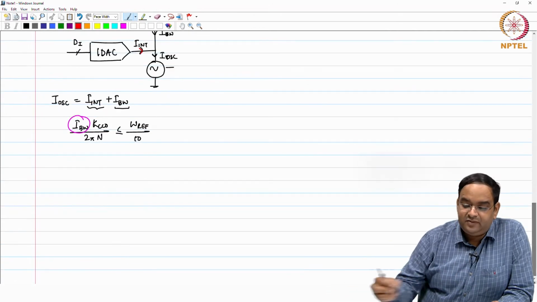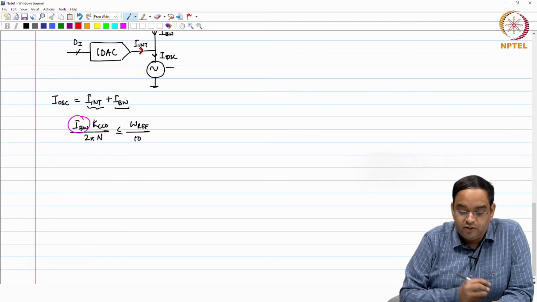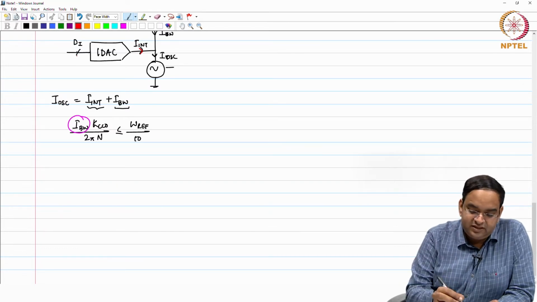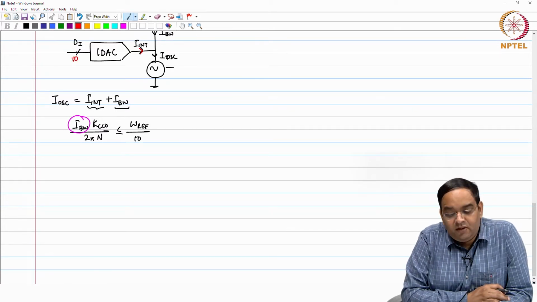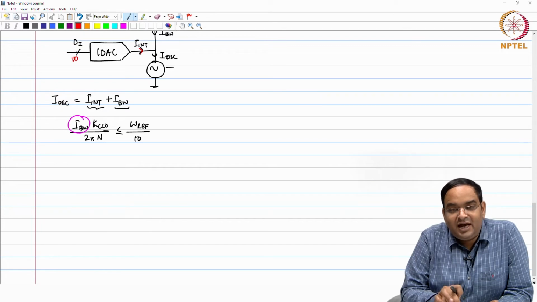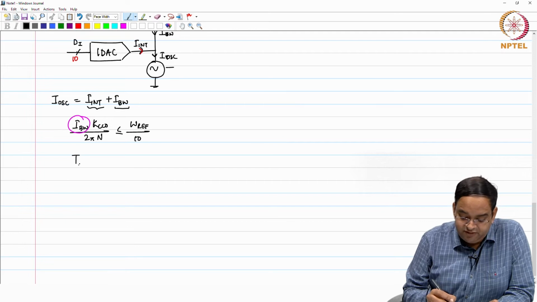Just take an example. If I have 10 bits at the input, you need to convert these 10 bits using a 10-bit DAC. We saw this in the previous session: I need current sources like this.